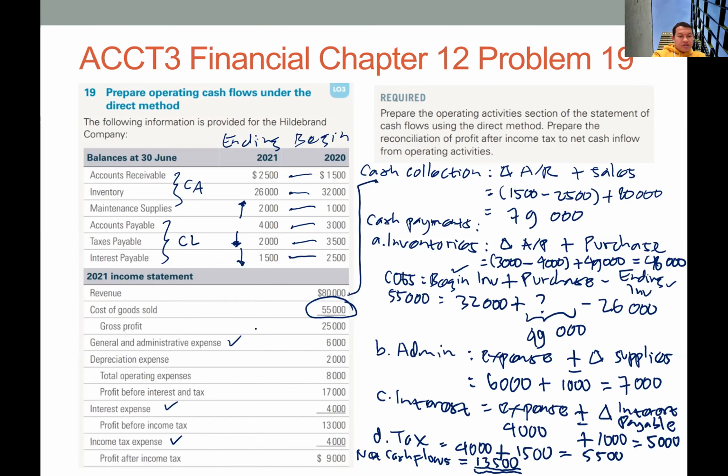Because if you use this one, you will incorporate the depreciation expense. Like a non-cash thing, is that why? Yeah, it's non-cash, so we don't have to incorporate this. So if you do that, you may have an incorrect operating cash flow balance. So be as specific as possible.